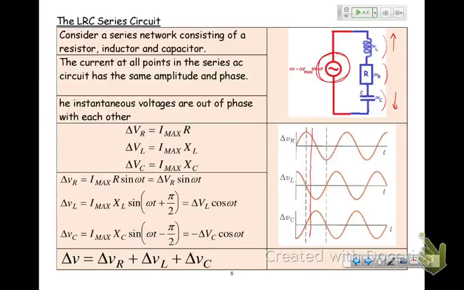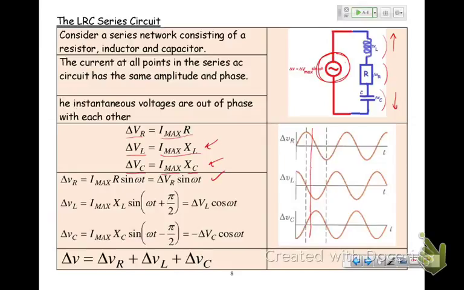We're going to say that our voltage across the resistor equals I max times R. My voltage across the inductor is I max times XL. My voltage across the capacitor is I max times XC. V equals IR. It's just expressed in AC terms. Okay. Well, I know my voltage is I max R sine omega t, which equals delta VR sine omega t.